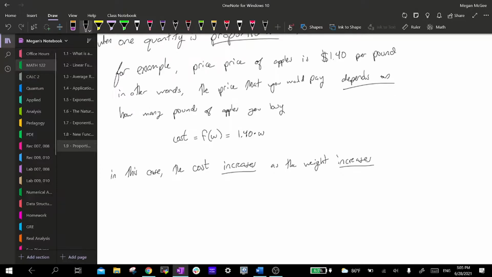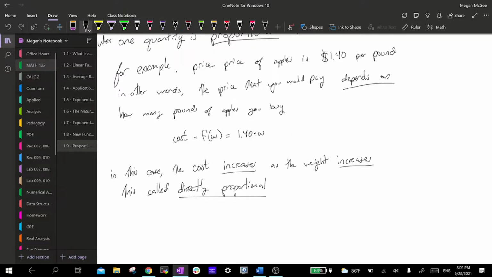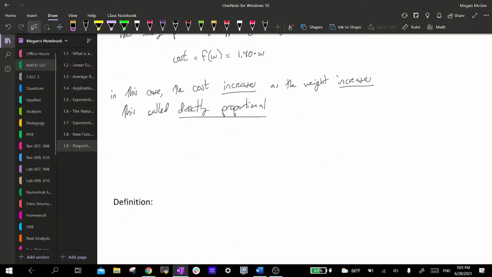Alright, so both quantities are increasing. This is called directly proportional. Directly proportional. Alright, and that brings us to our definition.